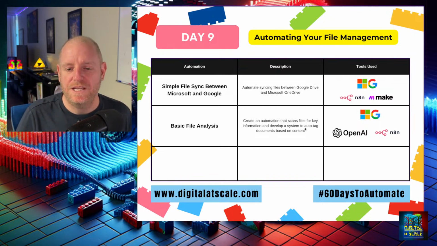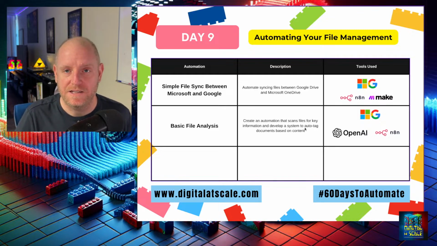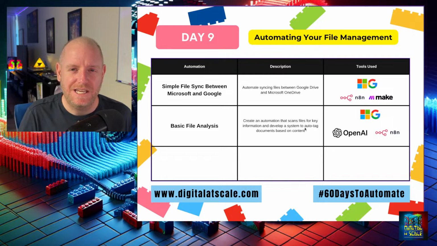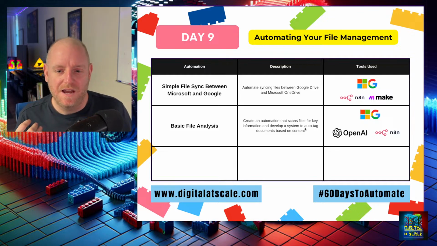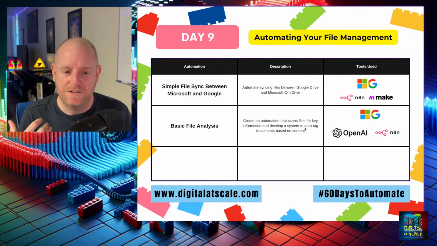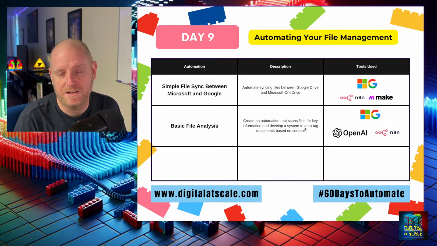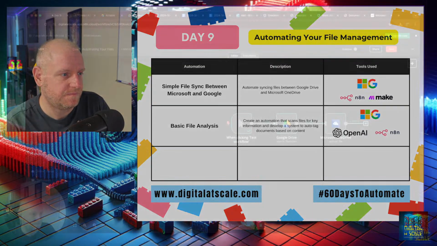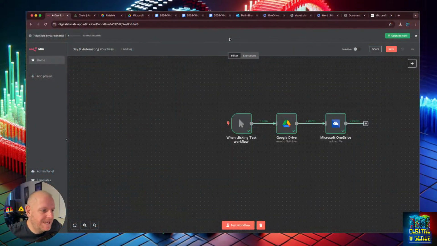But now how do we get the information that's in that document, and not just get it, but actually use AI to do some analysis on what type of document this is, and then eventually go in there and start tagging them. So how do we get information about this document?